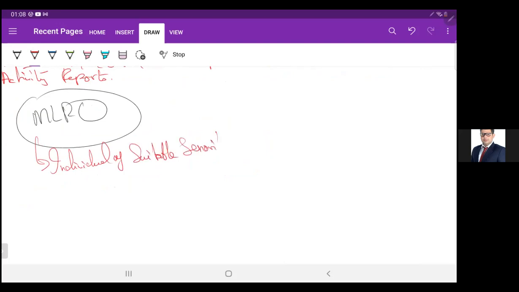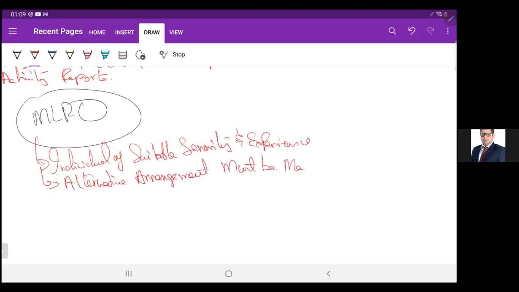Okay, a person of suitable seniority and experience, and it is recommended that alternative arrangements should be made when the MLRO is unavailable.